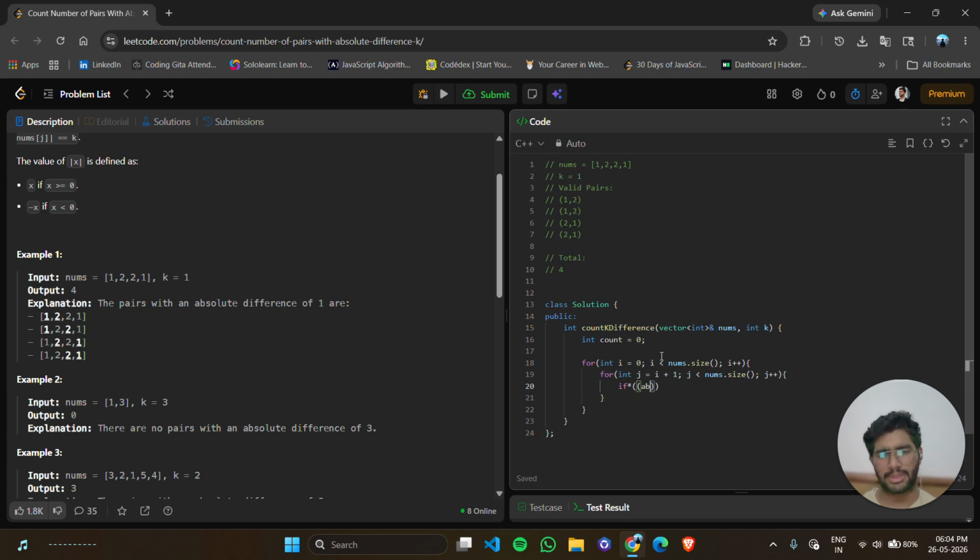If abs, ABS means absolute, abs of nums[i] minus nums[j] is equal to k, then the count will become plus plus.